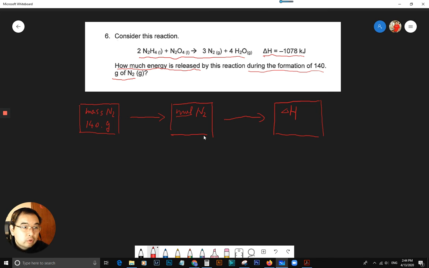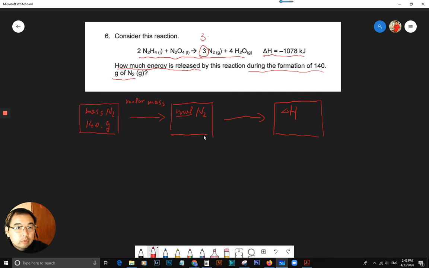Okay, so here the conversion factor you are looking for from the mass to mole is the molar mass. And from the mole to the change of the enthalpy, that's going to be the stoichiometry. So here we already know that's 3 mole.